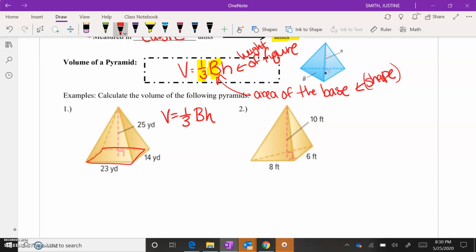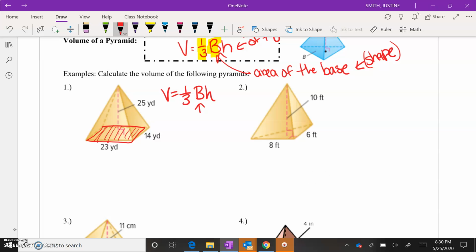The first thing that I'm going to do is fill in my formula for area of a rectangle. Since the base is a rectangle, and again, the big B stands for area of the base, I'm going to be doing base times height, which for this rectangle is 23 times 14. This is all just for the big B here.